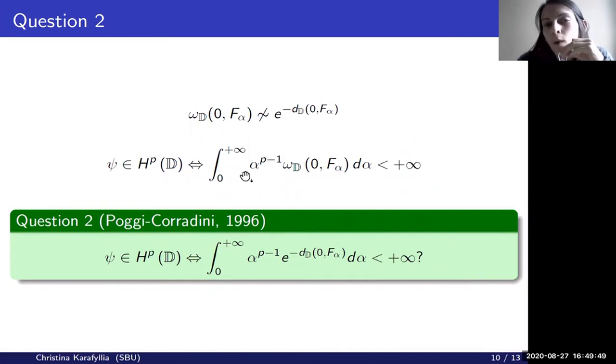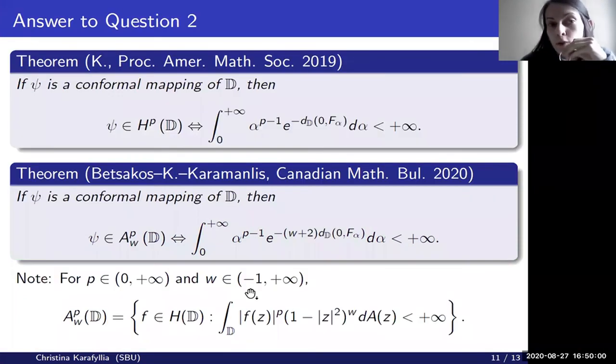So one would expect that the answer to the second question would be also negative. But the truth is that the answer is positive. So we can obtain another geometric condition for a conformal mapping psi to belong in some space HP. But this time, we don't need to estimate the harmonic measure, but the hyperbolic distance.